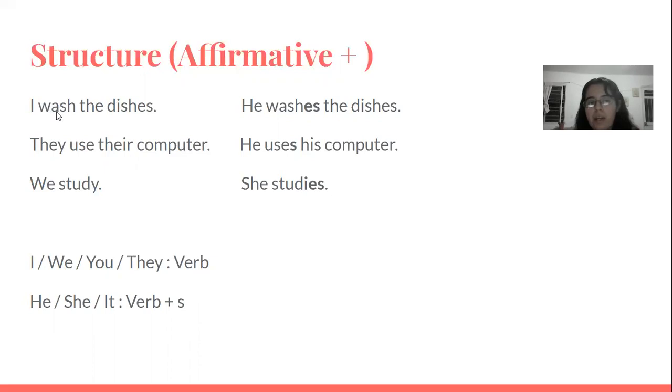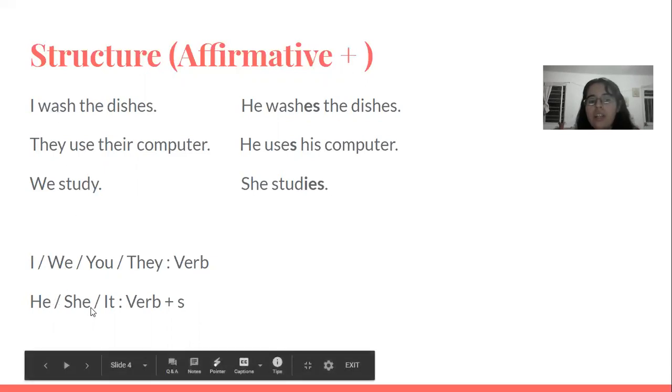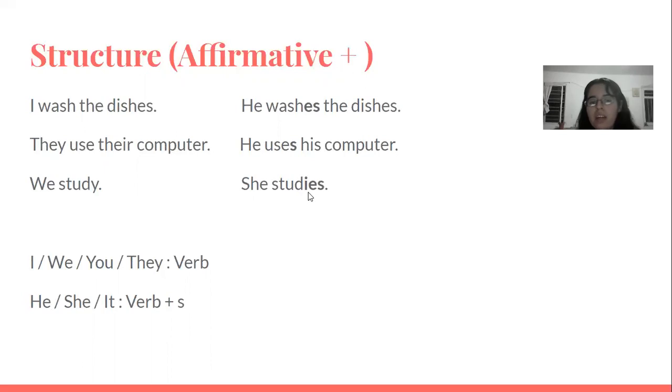Nothing happens to it. But when it's he, she, or it, we have to add an S. And depending on how the verb ends, we have to change it to IES, or just add an S or ES.